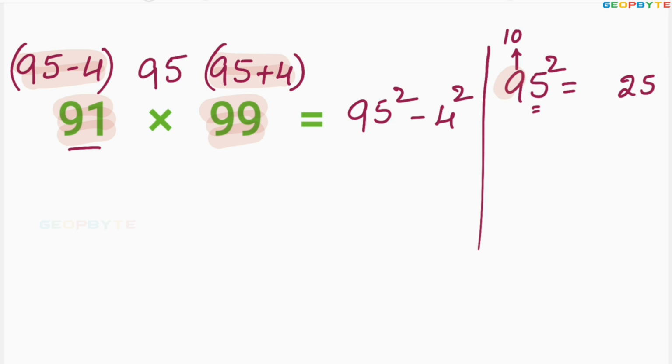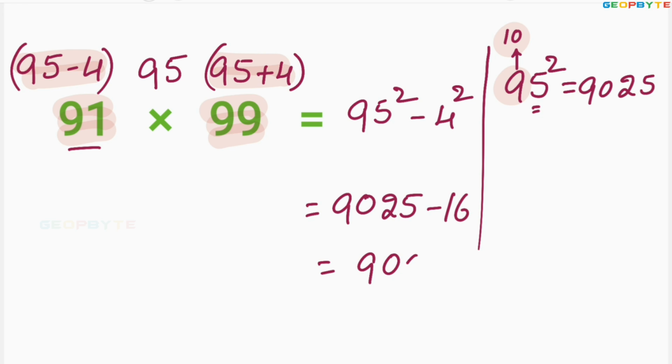It means 9 into 10 is 90. 9025. It is equal to 9025 minus 16 is equal to 9009. See how simply you are getting the answer.